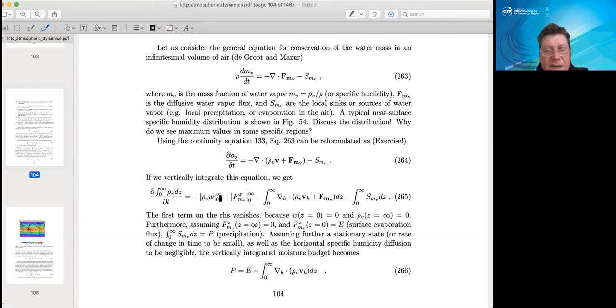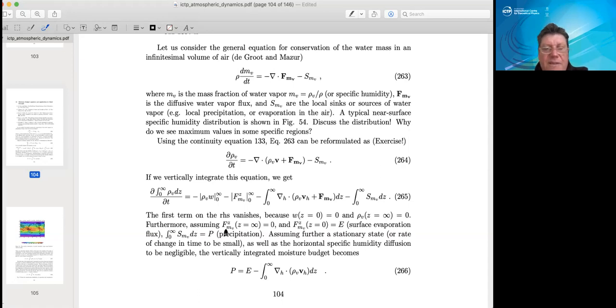And in infinity, the density of water vapor is 0. So the first term here drops out. But the term that is remaining is the convergence of the horizontal fluxes, the vertical integral of the convergence of the horizontal fluxes.